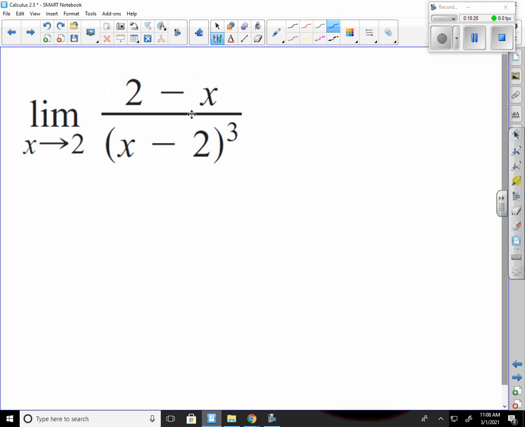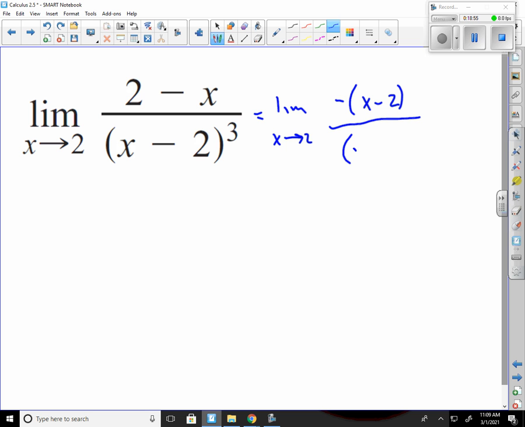Which, if we look at this one here, 2 minus x over x minus 2 to the third. The first thing that I'll note is that I have a 2 minus x on the top. I'm going to factor out a negative 1. The limit as x approaches 2. Factor out a negative 1, and that's going to give me x minus 2.